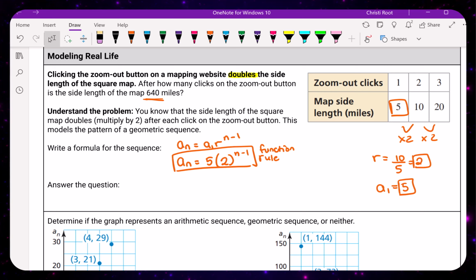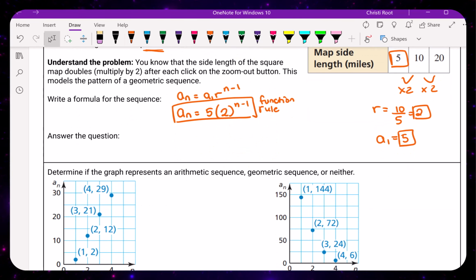Now, to answer the question, it says, how many clicks? So we're looking for this number right here. Normally we provide you with what the side length is going to be after a certain amount of clicks. Instead of finding a sub 10, they're giving you what a sub n would be equal to.